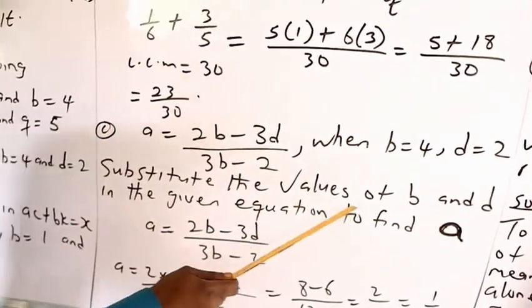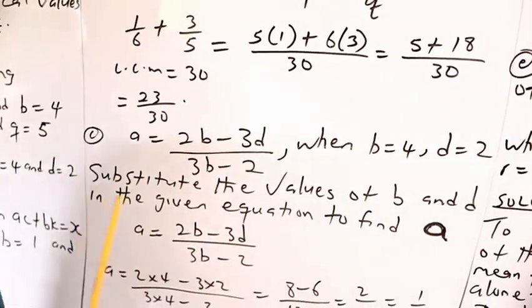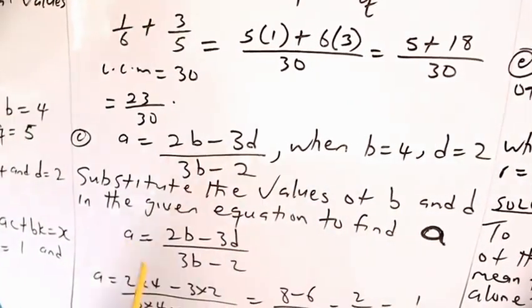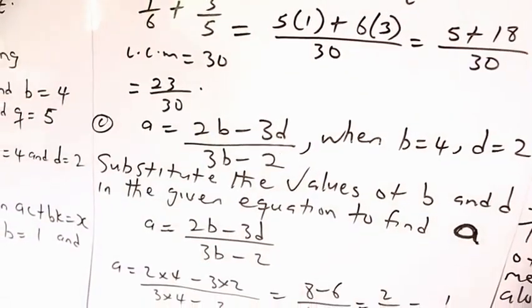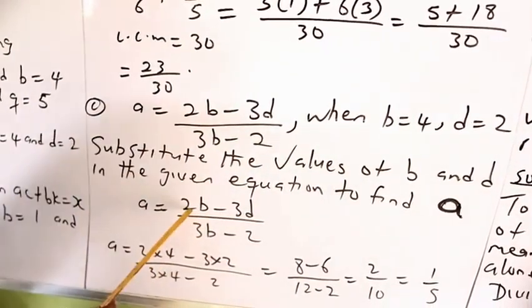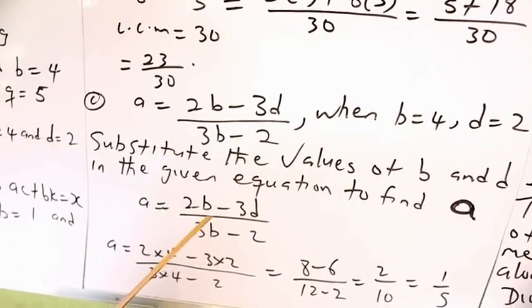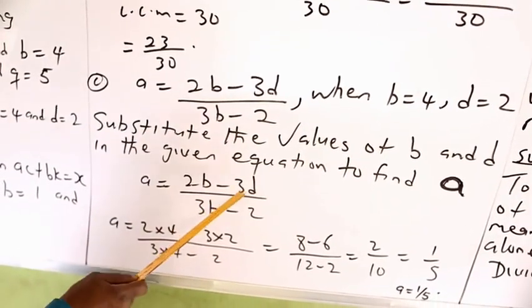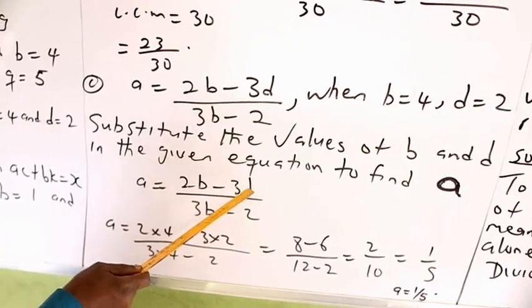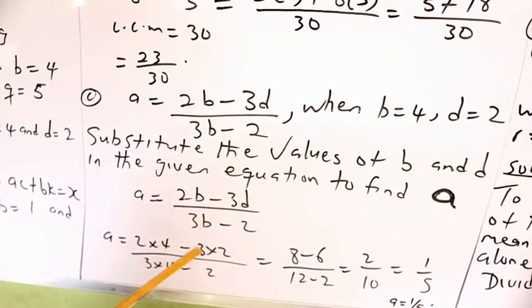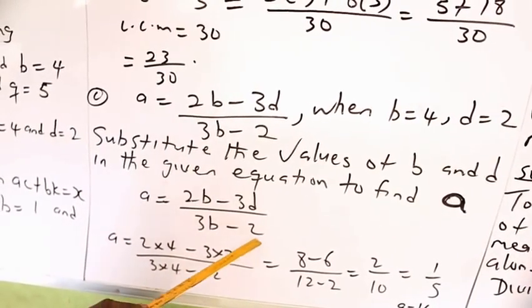Now substitute for the values of b and d in the given expression to find a. The 2 is there, given as a constant. b is 4, so 2 times 4 minus, 3 is there already, d is 2, so 3 times 2, all over 3 times 4 minus 2.